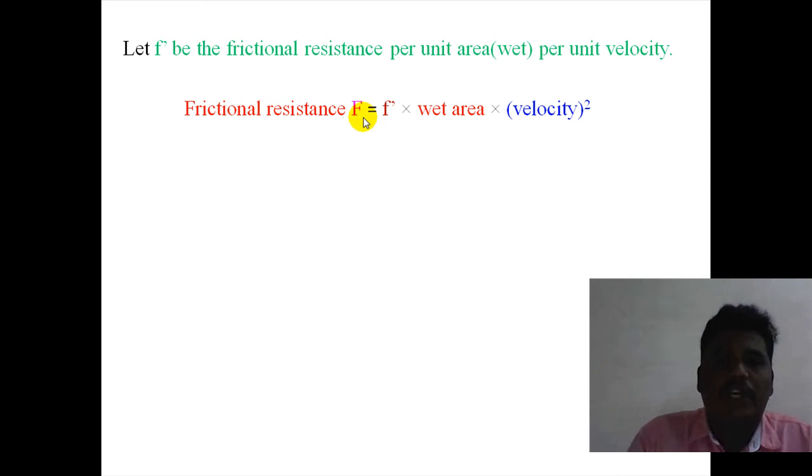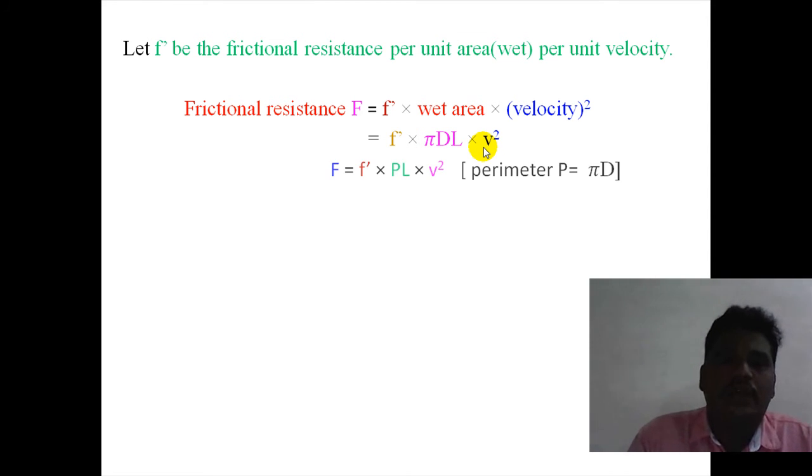The wetted area is nothing but pi d L, that is, circumference multiplied by L. Circumferential area multiplied by velocity square. So frictional resistance F is equal to F dash. Now pi d is nothing but the perimeter. The perimeter can be written as P into L. So F equals F dash P L multiplied by V square.